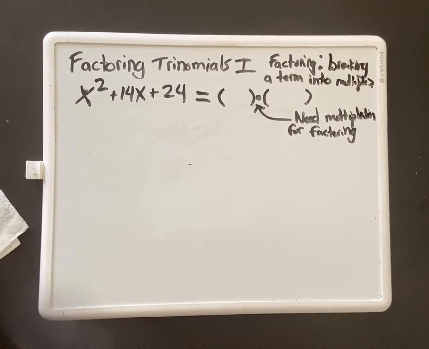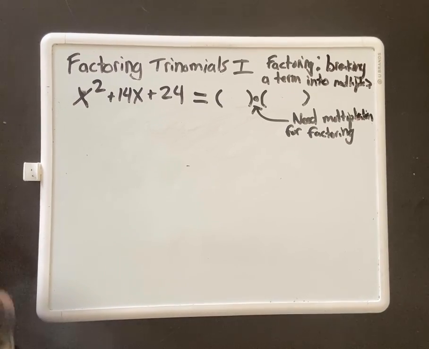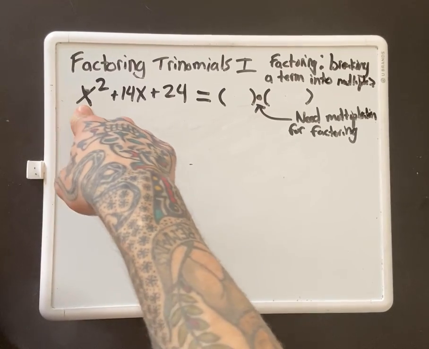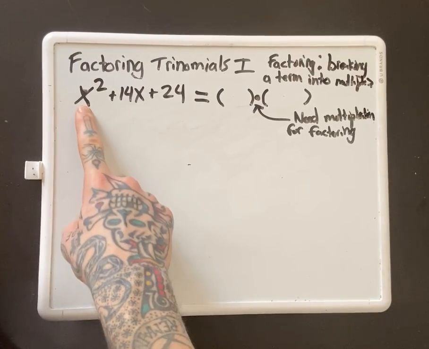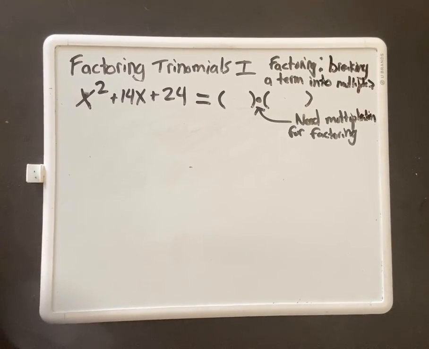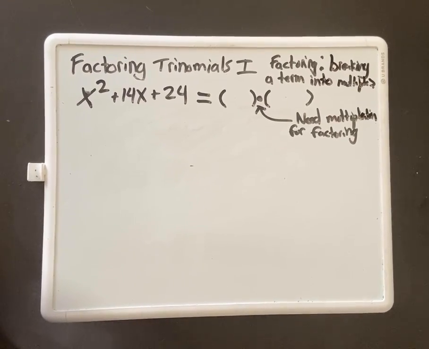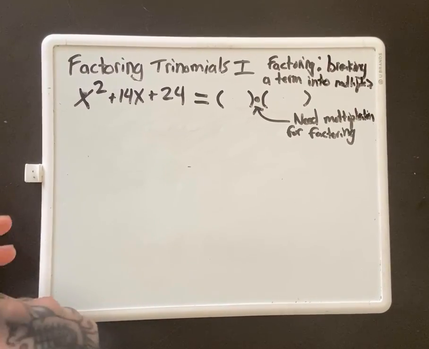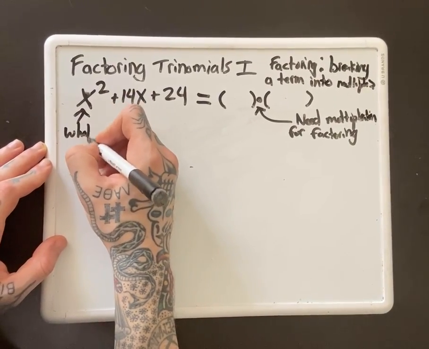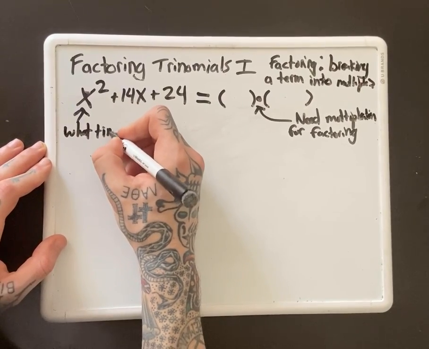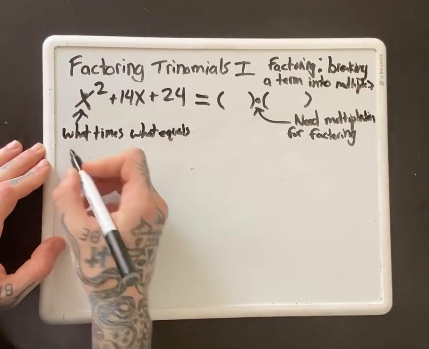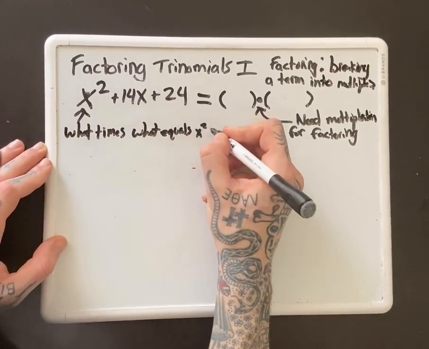So, what is the first thing we should be looking for? Well, let's just look at the first term here. This requires a lot of backwards thinking. We have to ask ourselves what two things multiplied together would get us x squared. What times what equals x squared?